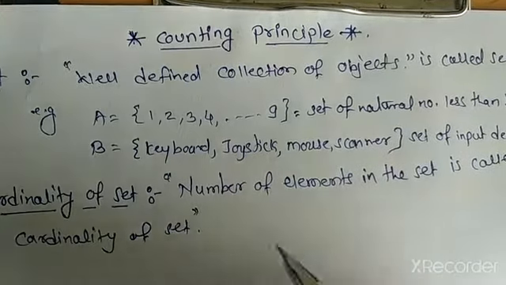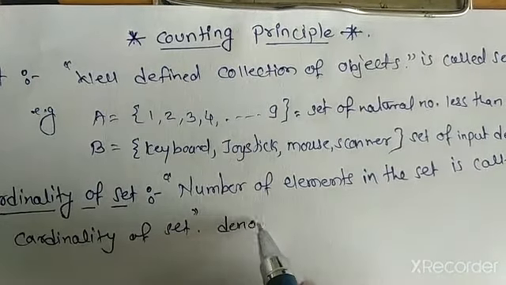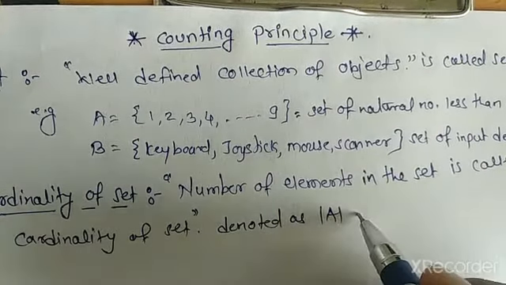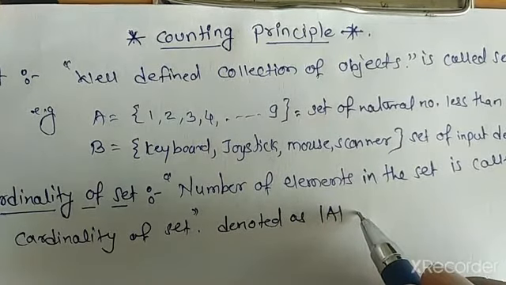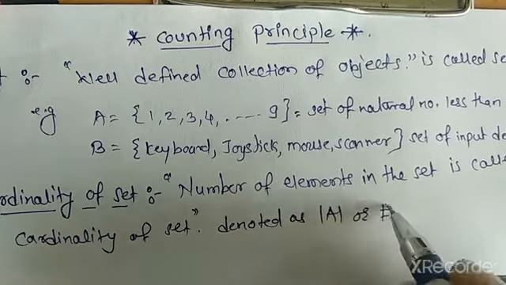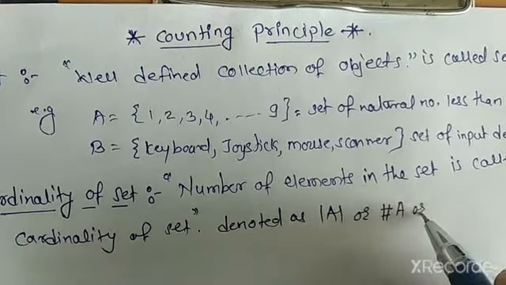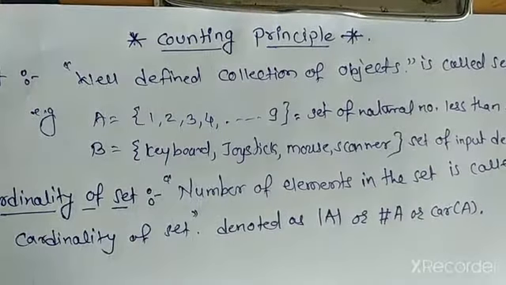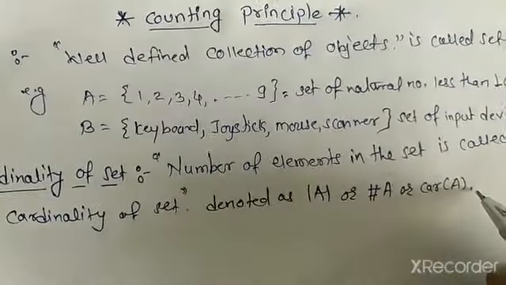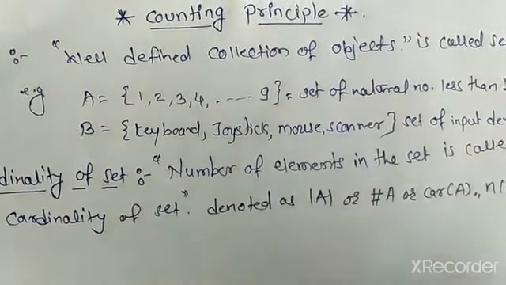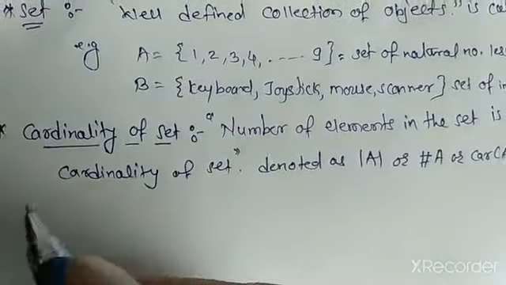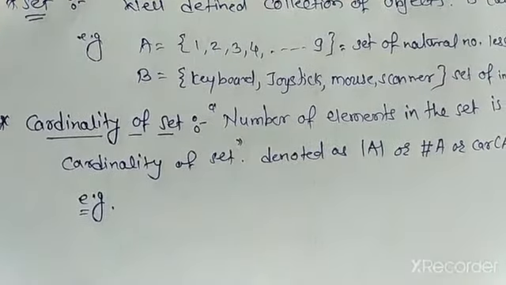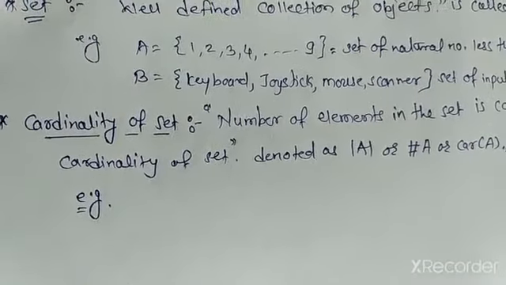It is denoted as mod of A, or hash A, or card of A, or it is also denoted as n of A. The number of elements in the set is known as cardinality.